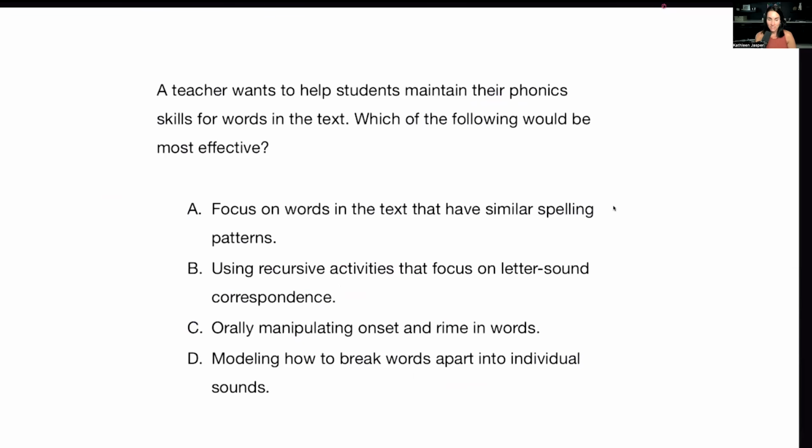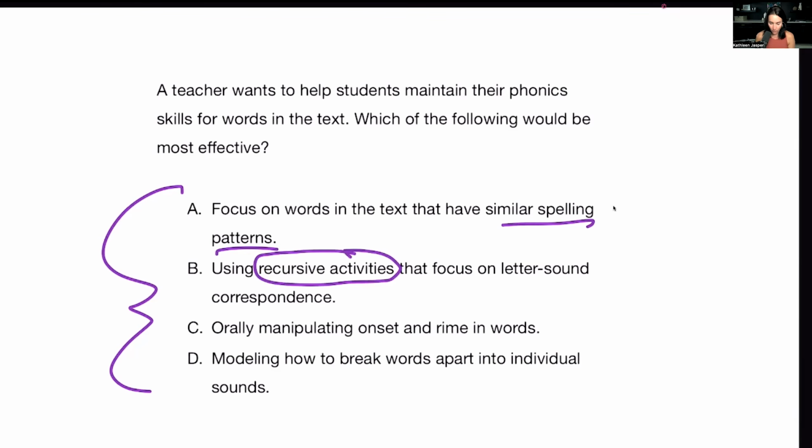All right. And the last one here, let's have a look at the answer choices. Focus on words in the text that have similar spelling patterns. All right, spelling is okay. It's okay. I'm going to leave it. B, using recursive activities, good word, that focus on letter-sound correspondence. Well, using recursive activities means that we're going back and supporting skills that students already have and really fixing them up and then applying them to new skills and new information.